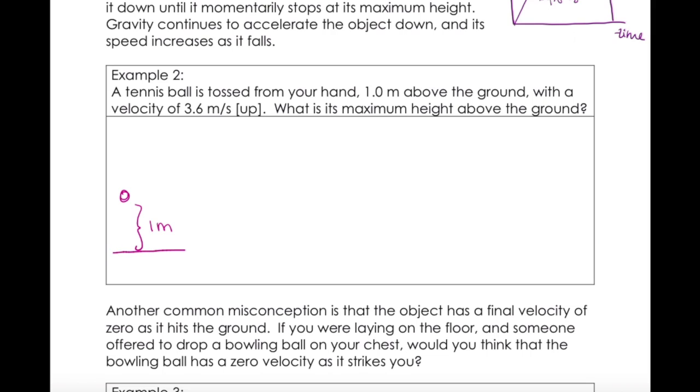So here's our ground, and we want to know what is the maximum height. So the ball is going to be thrown upwards until it reaches a certain height. So we need to know what this height was. So this would be our change in position.